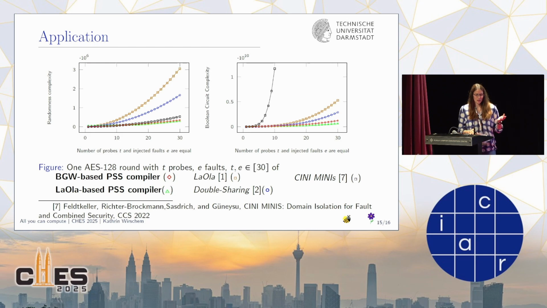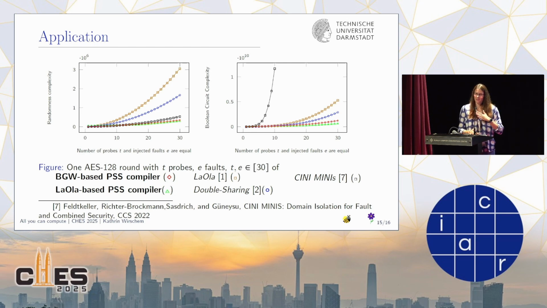Yes, and here you see one round of AES-128 with t probes and e faults, and we consider always t equal to e, which is whatever is written on the x-axis here. We have on the left side the randomness complexity, and on the right side the Boolean circuit complexity, where for the randomness complexity we're kind of comparable to CINI-Minis, and in the Boolean circuit complexity we're better than CINI-Minis.